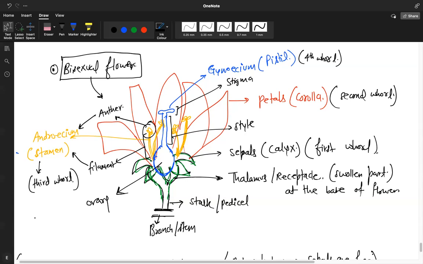And similarly, just like the sepals in calyx, petals can also be of two types on the basis of if they are joined together or if they are separate. For example, you have seen rose, right? Each petal is united or separate?